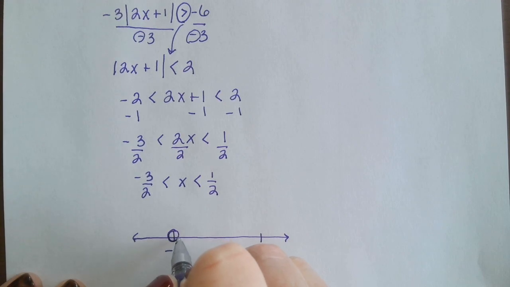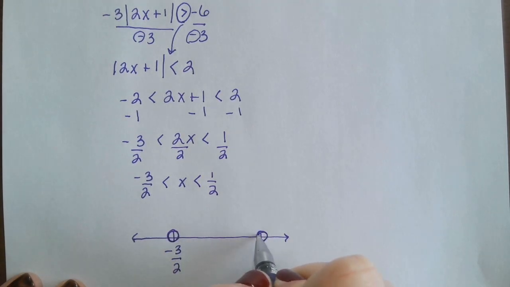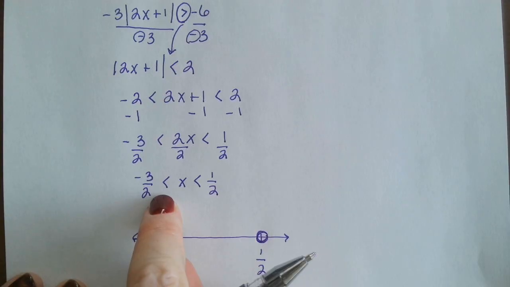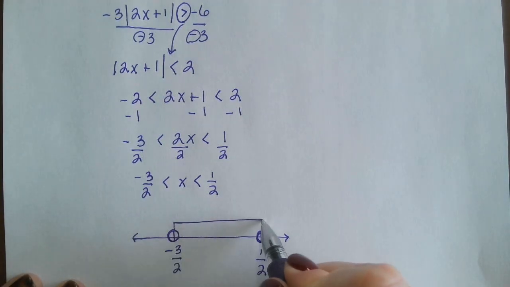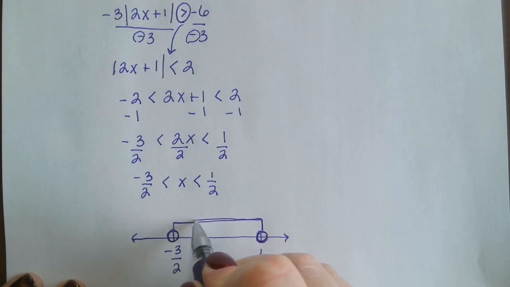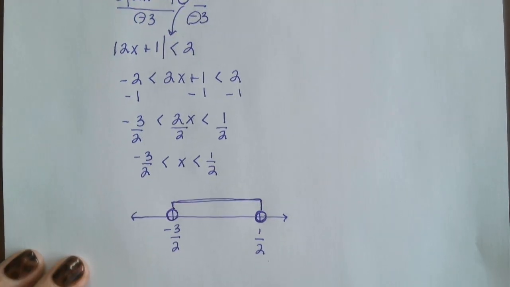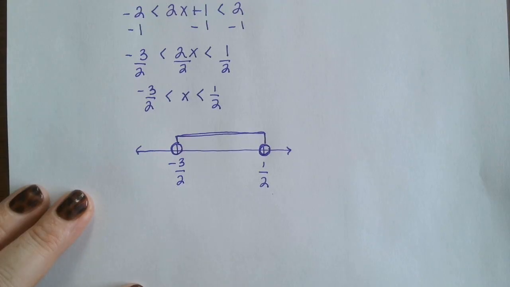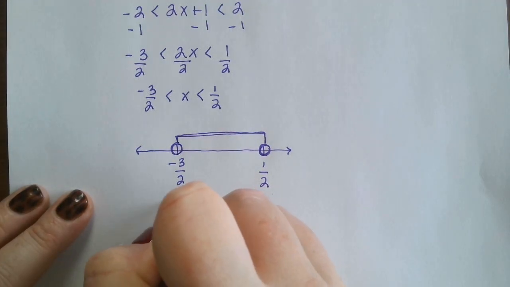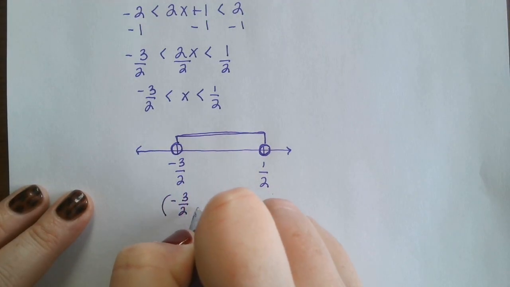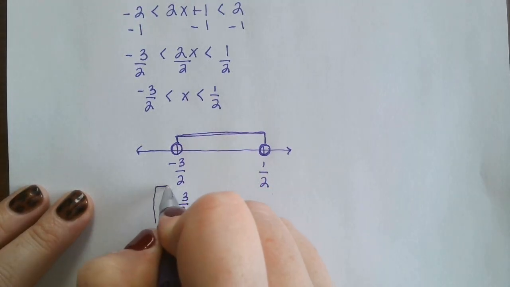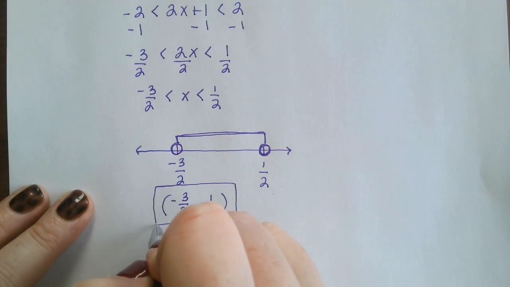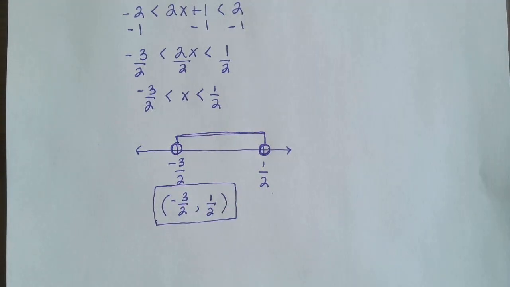There's going to be open circles at both of these locations because they're less than symbols, they're not equal to, and our x values have to be stuck in between here. So when we write this in interval notation, we'll have -3/2 to +1/2 with parentheses, because we know parentheses means it's excluded.